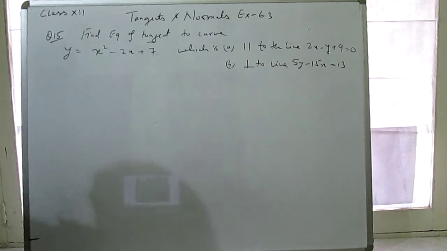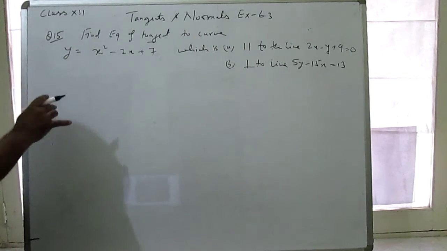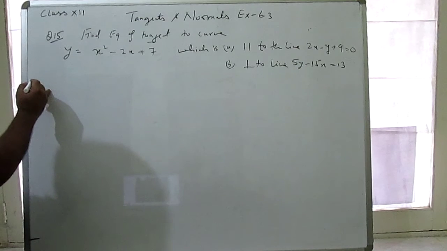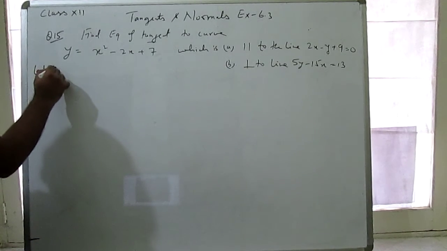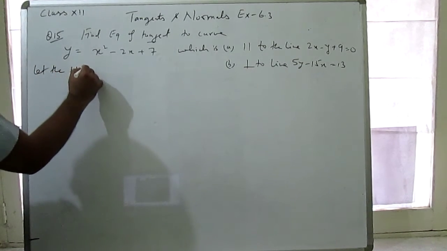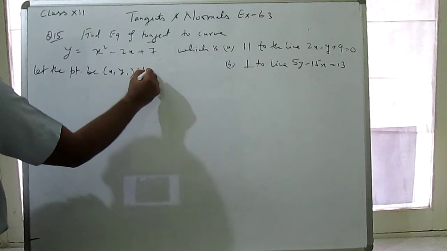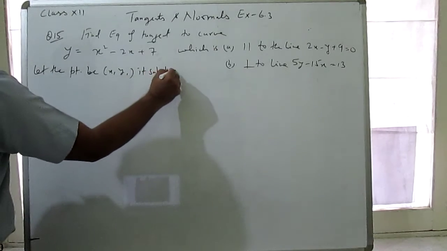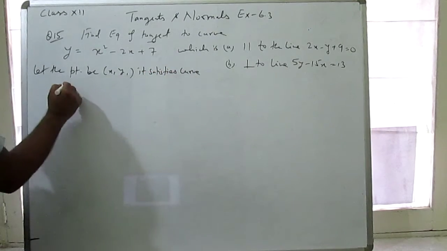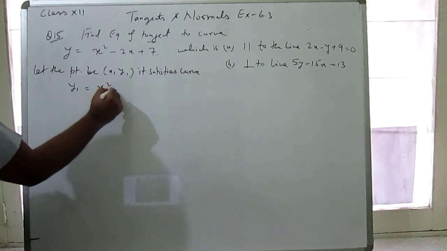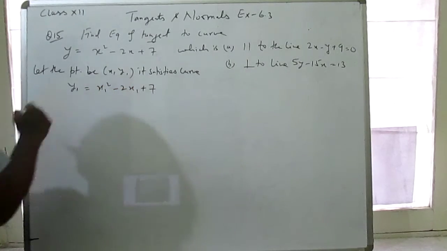So now any point on the curve, I will take, let the point be x1, y1. Let the point be x1, y1, so it satisfies the curve y1 is equal to x1 square minus 2x1 plus 7.